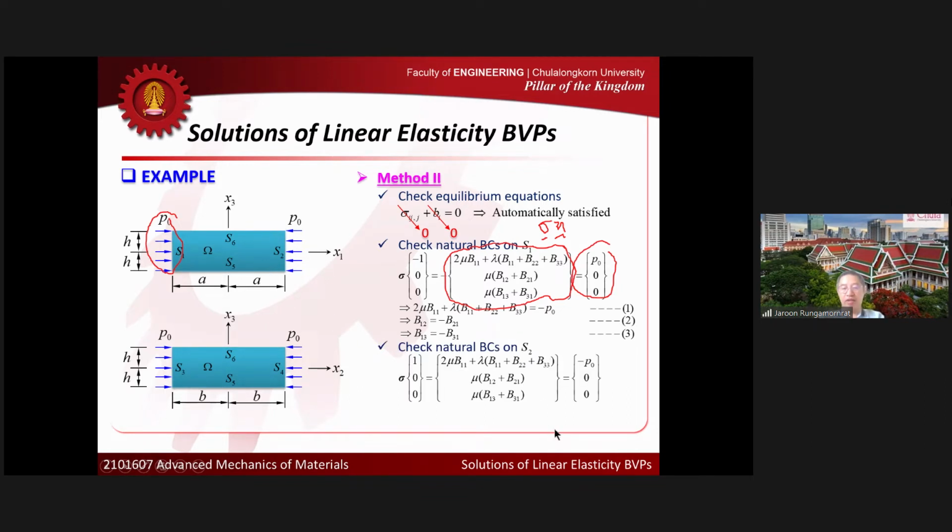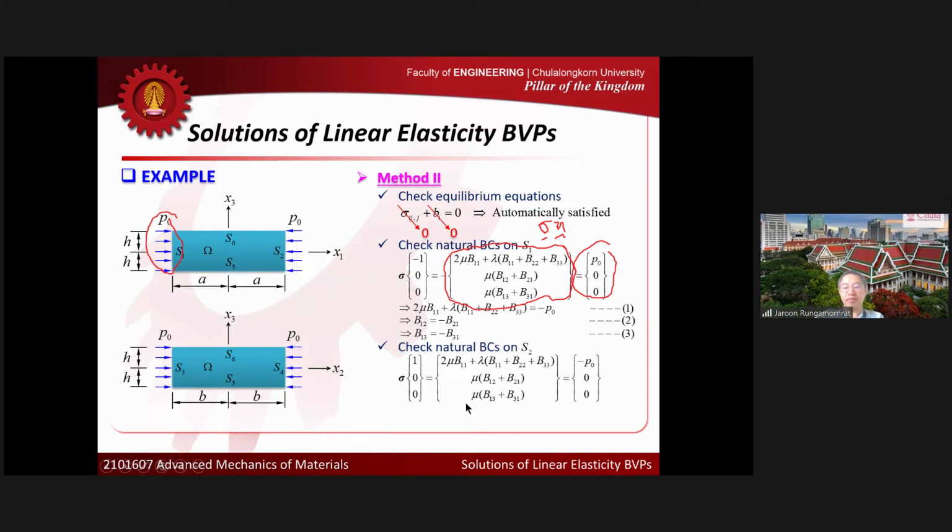Okay, I can do exactly the same way for the surface S2 here. So I generate the traction by stress. I simply change the normal vector from -1, 0, 0 to 1, 0, 0, because on this particular surface, the outward unit normal vector points in the same direction as x1. So this is the n that we got for this surface.